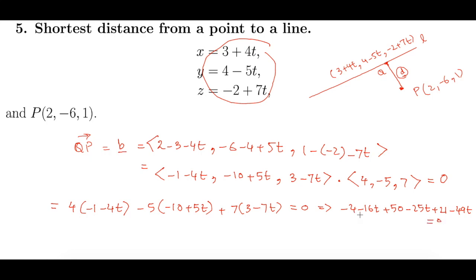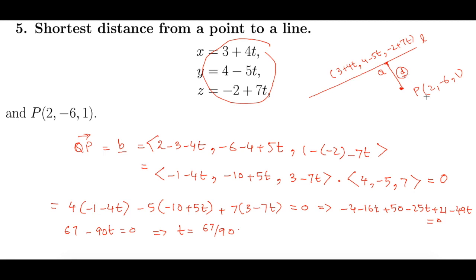So now minus 4 plus 50 and plus 21 will give me 67, and minus 16t minus 25t and minus 49t will give me minus 90t. This is equal to 0. So this means t is equal to 67 by 90. Correct? If t is this much, then what are we interested in?